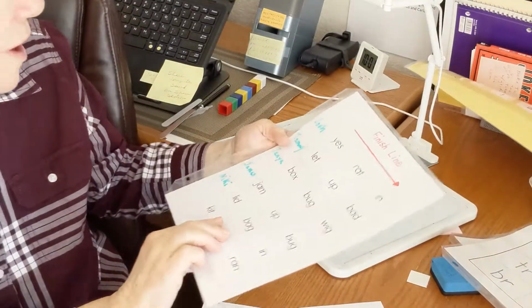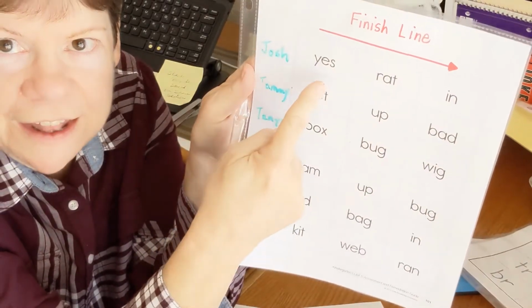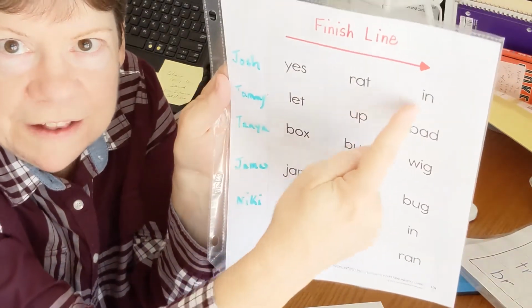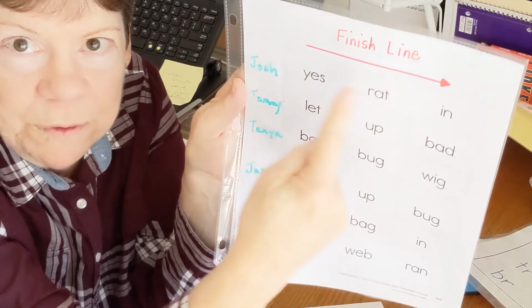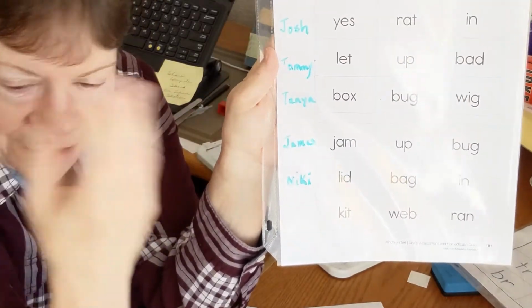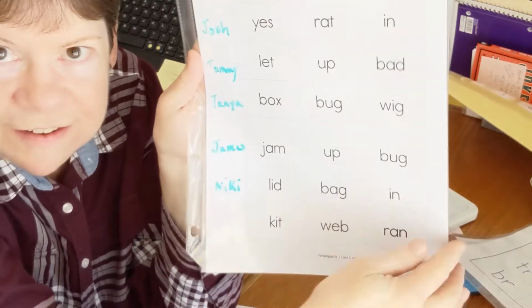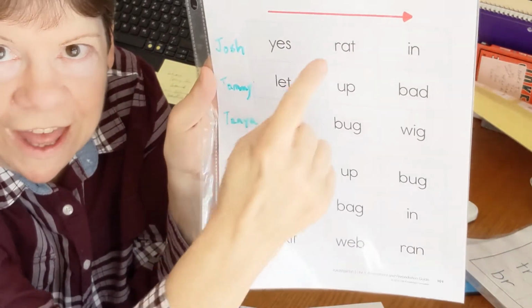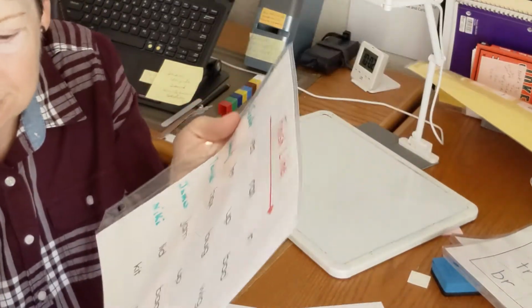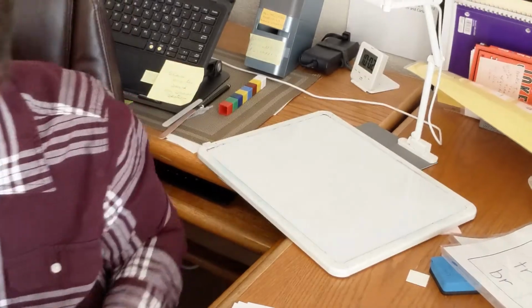You put their name next to the line, and then they each take turns, and basically each time they read a word correctly, they get maybe a gem on there, or a heart, or whatever you want to draw on there. And then again, it's in a sleeve, so you can write right on top of it. And then they want to get to the finish line, so you can work it up that way. Okay.